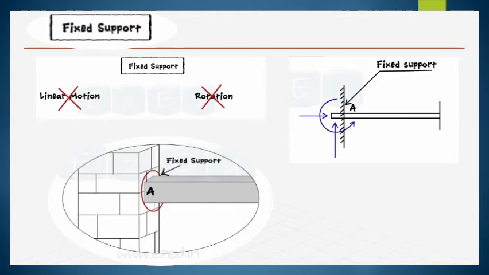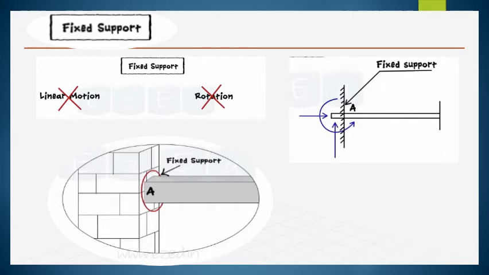So if we have to remove this support, then this support has to be represented by two reaction forces and one moment. So fixed support offers three reactions, a combination of two forces and a moment. All types of motions are restricted. All the degrees of freedom at this point are restricted for the fixed support.